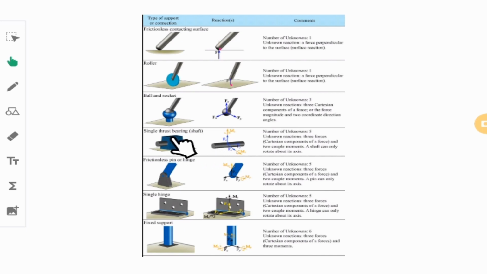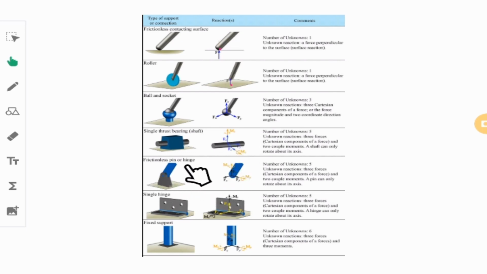It does not let you do motion in this direction, which is the Z direction, and also in the X direction, and you cannot rotate this guy around x and around z, but you can rotate it around itself, and that's why we don't have any moment there. Actually, if you have some cases and some connections in your problems, what you need to know is that you have five unknowns over there, including 2 moments and 3 forces.